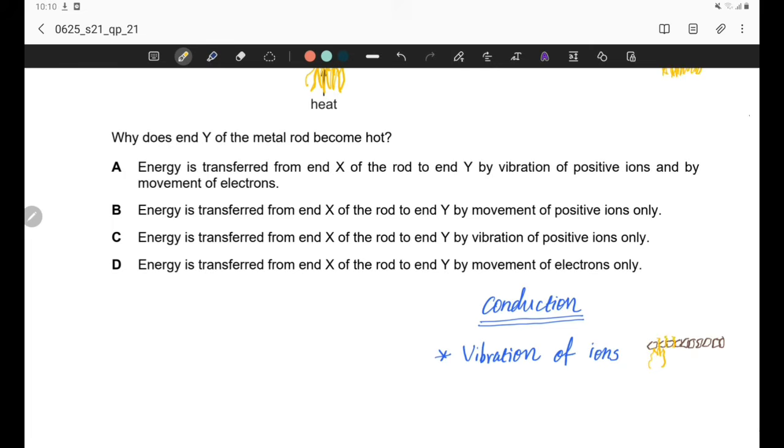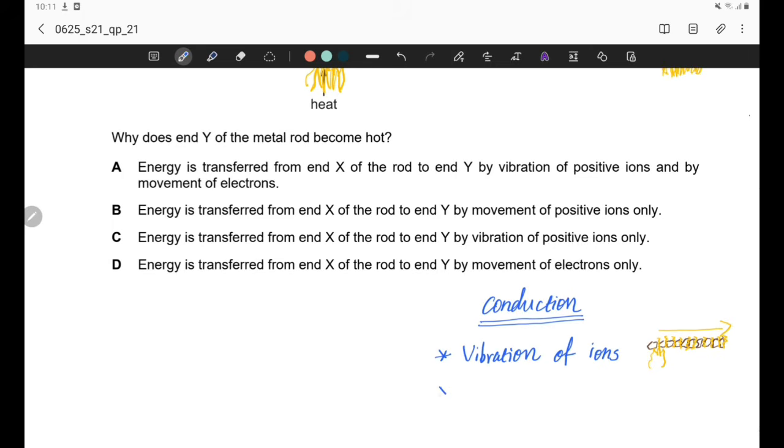So this vibration will make the neighboring ions vibrate. So like this, the vibration will continue or move from one end to another end. This is how the heat energy will transfer. So here one important point: the ions or molecules are not moving, but they are vibrating, and this vibration is affecting the neighboring ions also to vibrate, so that this vibration is only transferring. So that is the one way in conduction, the heat transfer, vibration of ions.